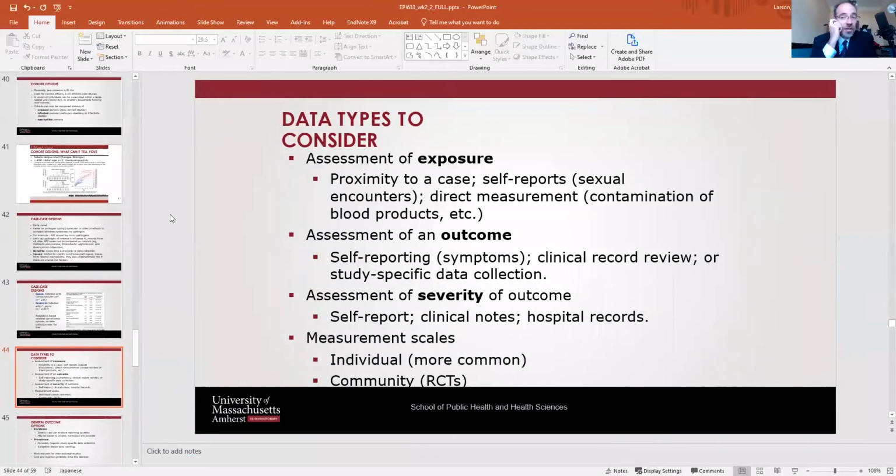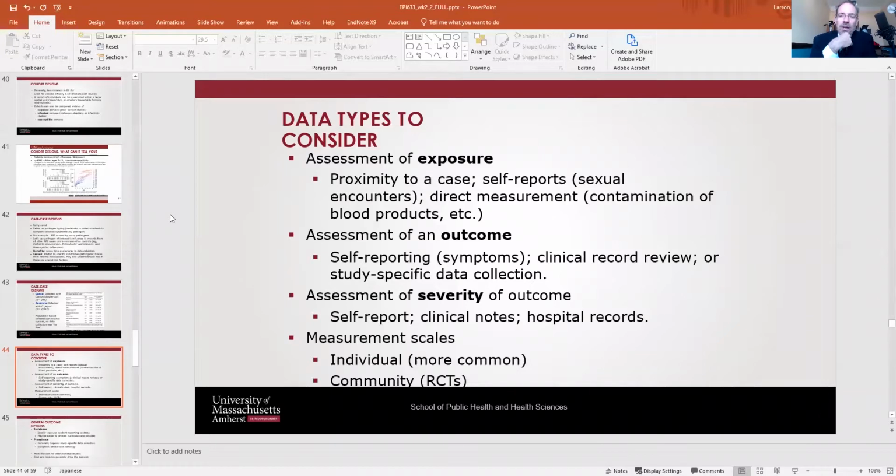Data types to consider when you're talking about study designs or any sort of analysis of infectious disease is the assessment of exposure: proximity to case, self-reports, direct measurement. Sometimes exposures are difficult to assess, and your response is only going to be as good as the question asked.